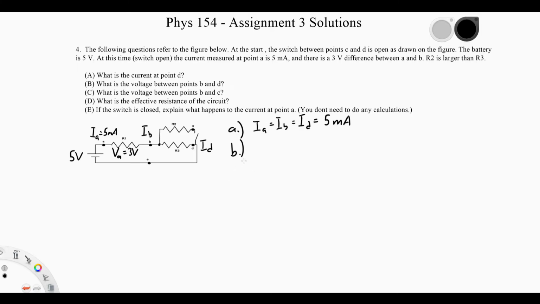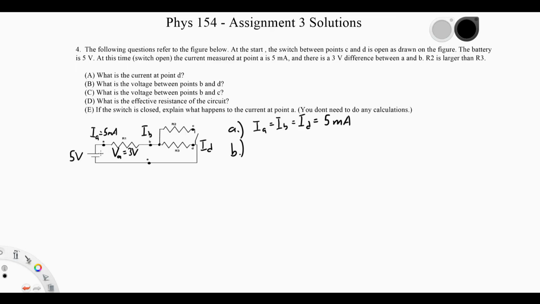Moving on to part B. What is the voltage between points B and D? So, we know that the voltage drop from A to B across resistor 1 is 3 volts. And now by the time we get all the way through the circuit, we need to lose all of our voltage, right?